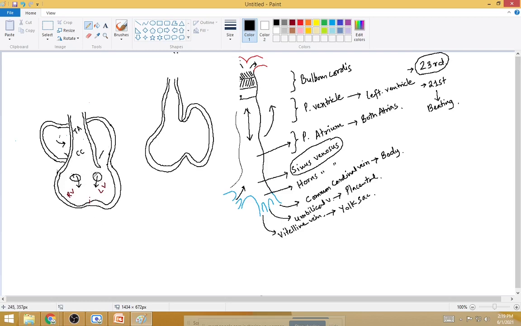Okay, how is it done? This is done by the formation of some masses of mesenchymal tissue which are known as endocardial cushions.